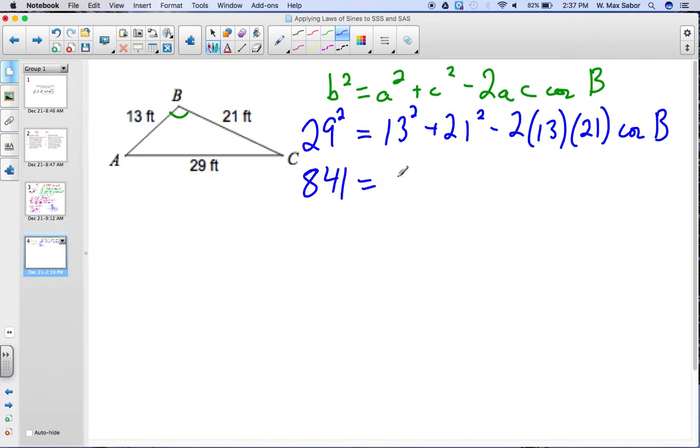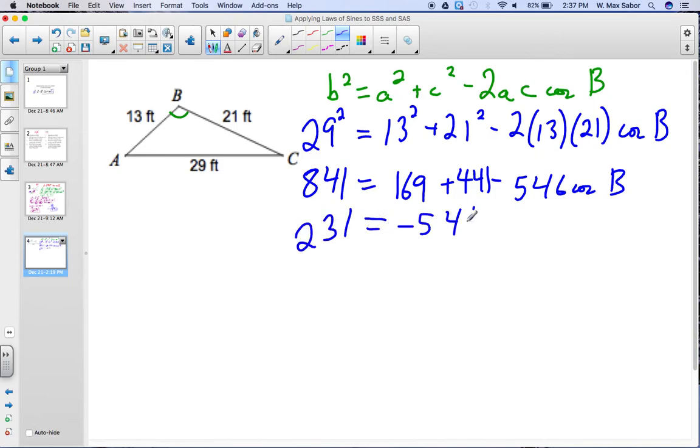And now we're doing a lot of arithmetic, mostly with a calculator. 441 minus 546 cosine b. Move everything to the other side of the equation. So subtract these and you get 231 equals negative 546 cosine b.